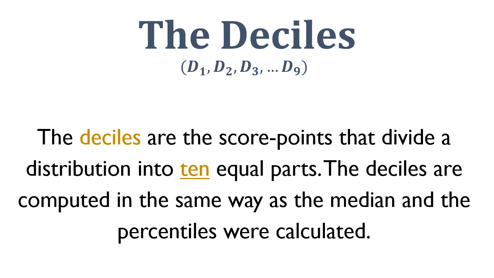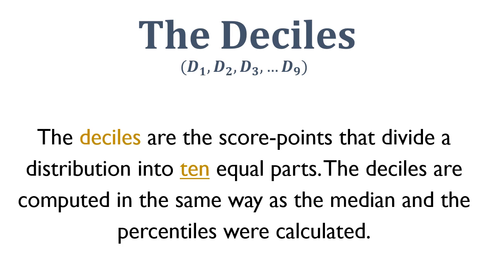Now, if you analyze the scenario, if the data is divided into 100 equal parts, we can divide those into 10 equal parts as well. And we can conclude, 1 decile is equivalent to how many percentiles?